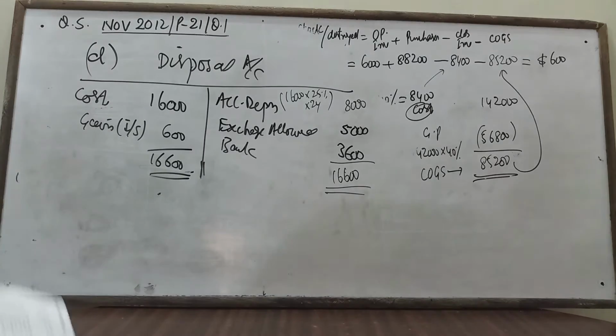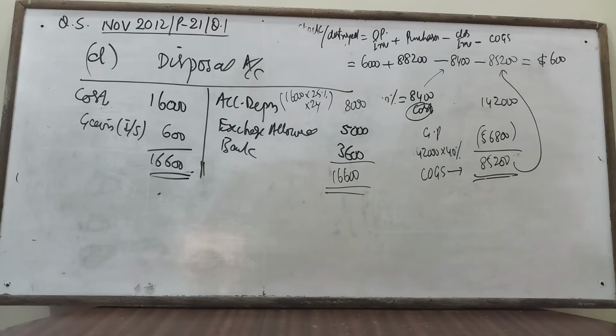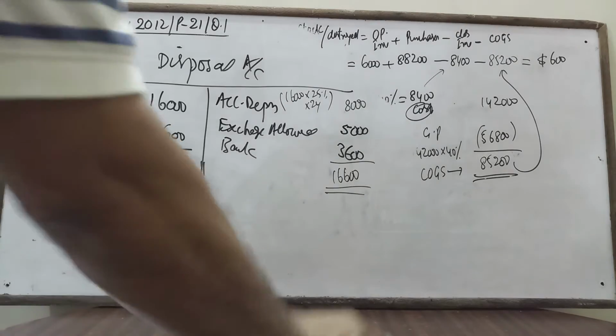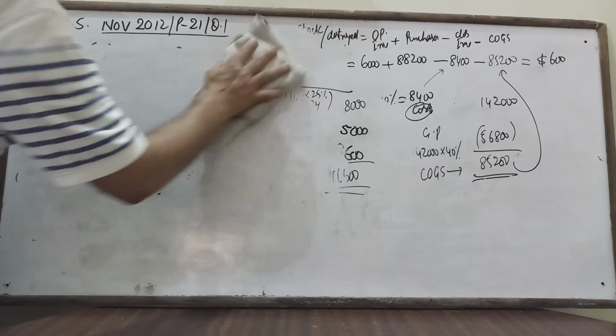Now the last requirement, requirement number E, which is to prepare the income statement. I'm going to solve it.